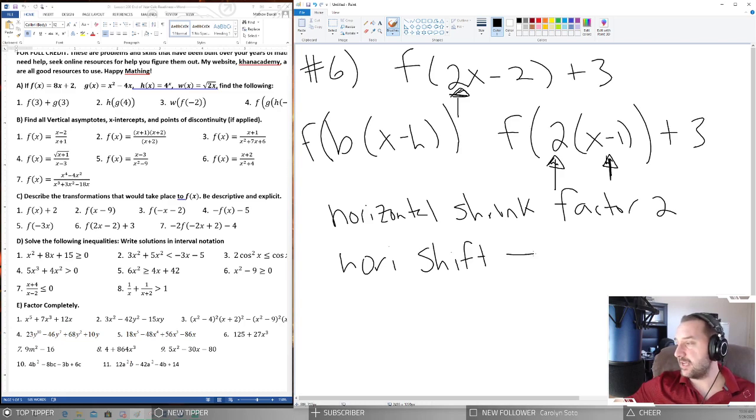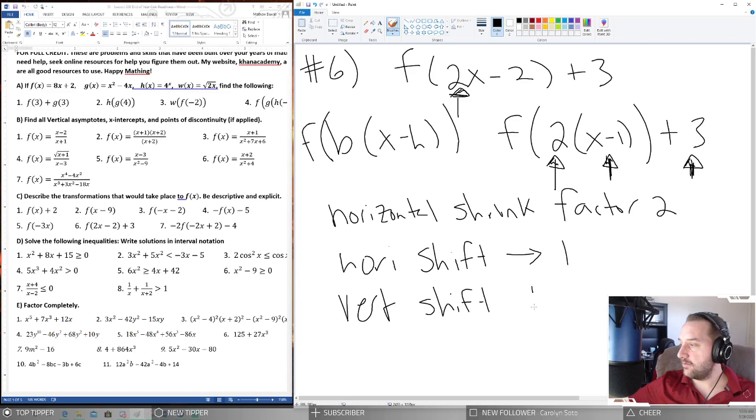You could say to the right one, however you want to write that. And then because of this plus 3, it's going to be a vertical shift of up 3, positive 3, up 3 spaces. However you want to write that down. It's all basically the same.